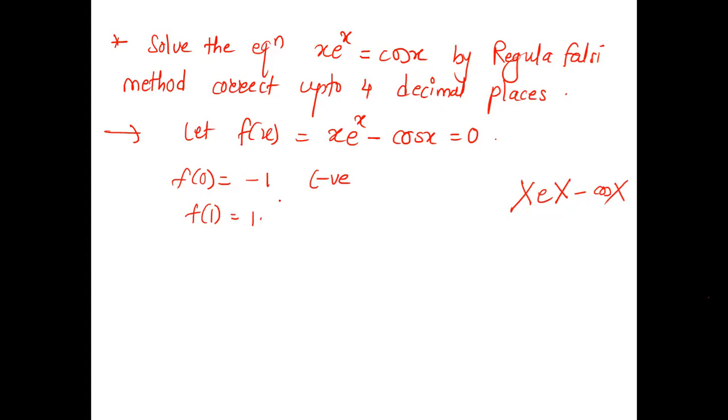Okay, as there is cos now, it should always be in radian. Cos, sin, tan, they cannot be solved in degrees. Cos of an angle should always be in radian.